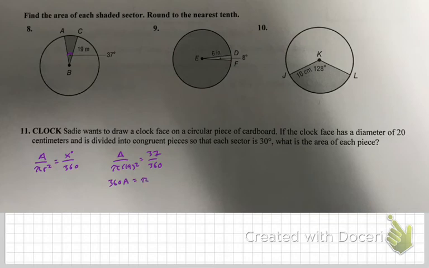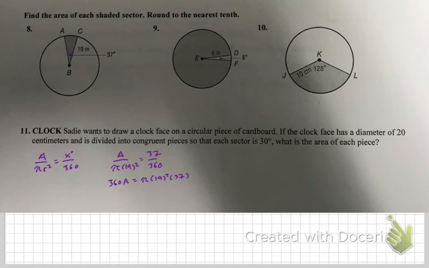So I'm going to do pi times 19 squared times 37. And again, you can string this together all in your calculator. So I'm going to do 19 squared first, and that gets me 361. I'm going to multiply that by 3.14. That gets me 1,133.54. I'm going to multiply that by 37. Big number.